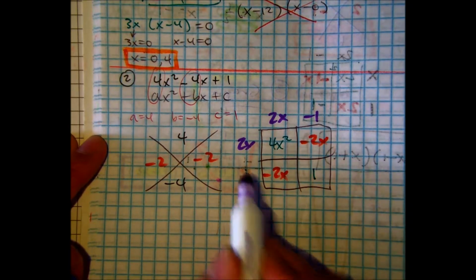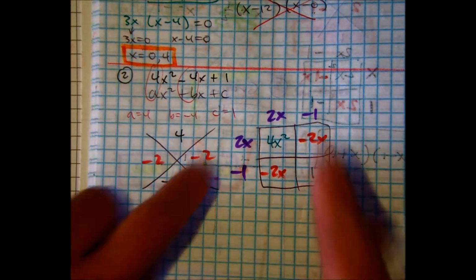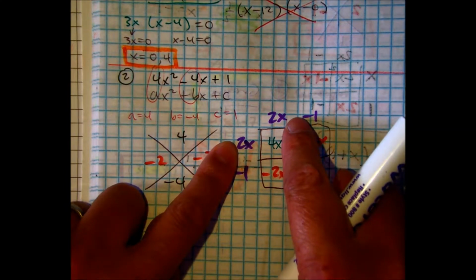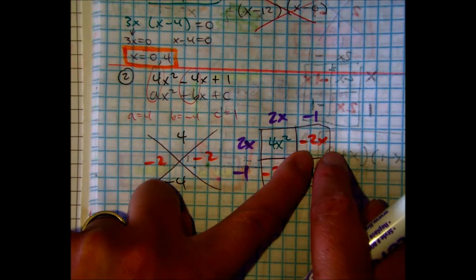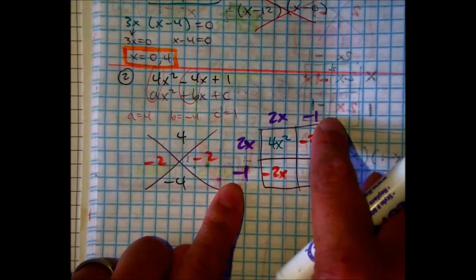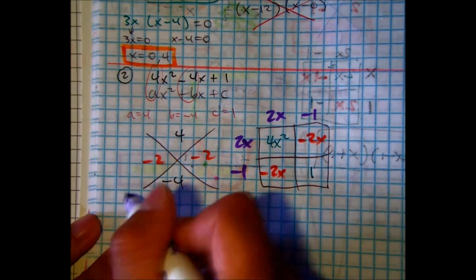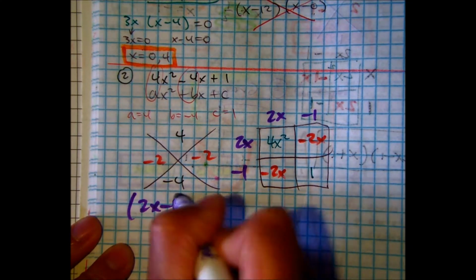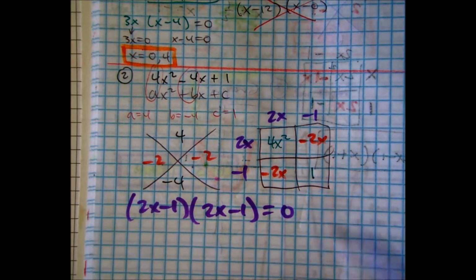And this direction. Negative 1. Let's check by multiplying. 2x times 2x. Negative 1 times 2x. 2x times negative 1. Negative 1 times negative 1. Positive 1. Our answer is 2x minus 1 times quantity 2x minus 1 equals 0.